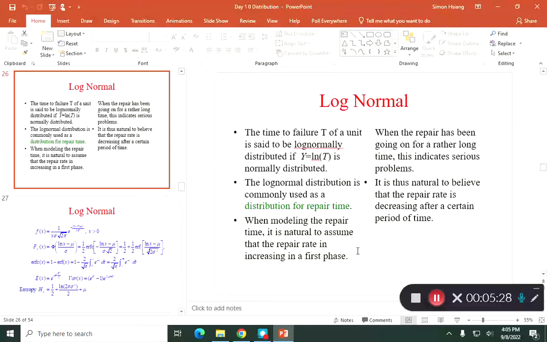How to do that? Take one log to make sure that everything looks normal. But if I take one log and it's not normal, what do I do? Take another log. And if 2 logs still don't make the observation behave, take 3 logs.